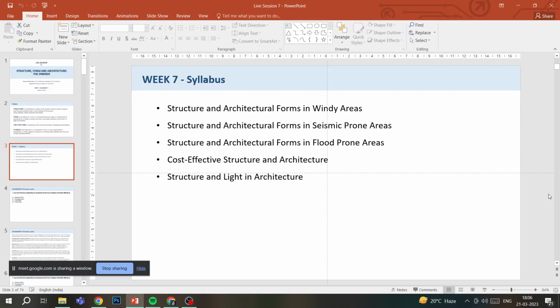In the first lecture, I think the 31st lecture, structure and architectural forms in windy areas, what was covered was the introduction, what is wind in general, different kinds of wind, the prevailing winds, the seasonal winds and other things, then different types of storms, and then what damages winds can do, catastrophic failures that can happen because of wind, and component failures that can happen because of the wind.